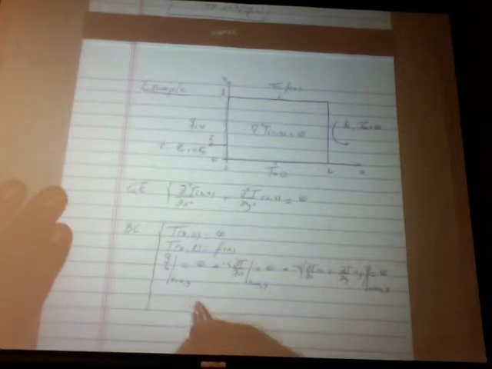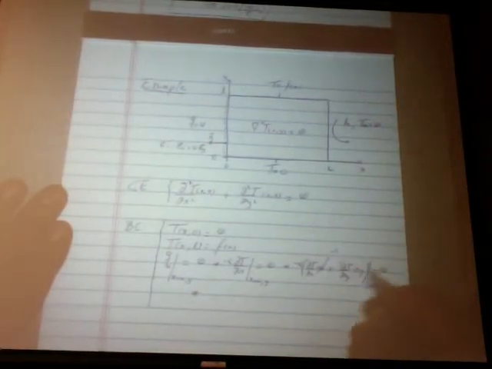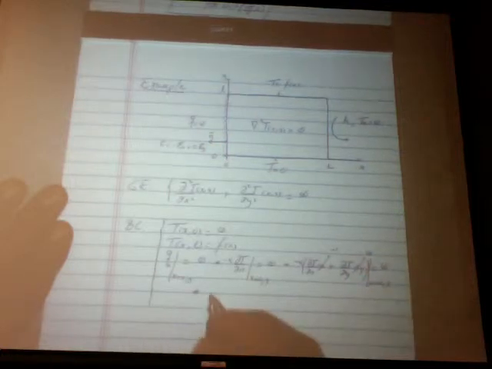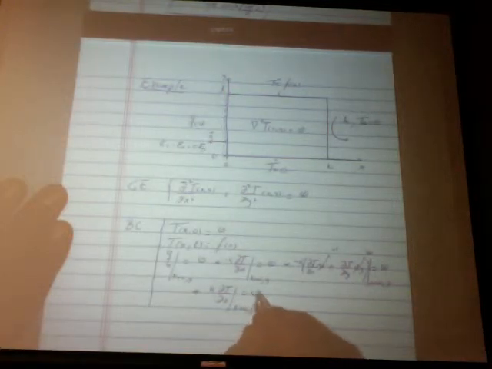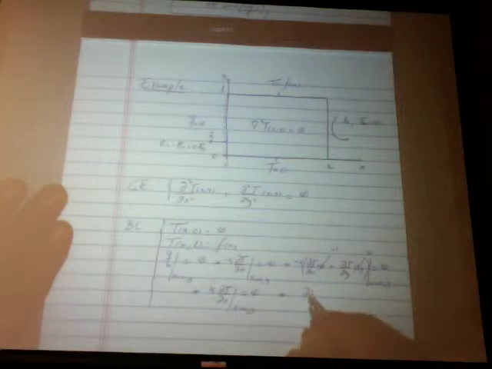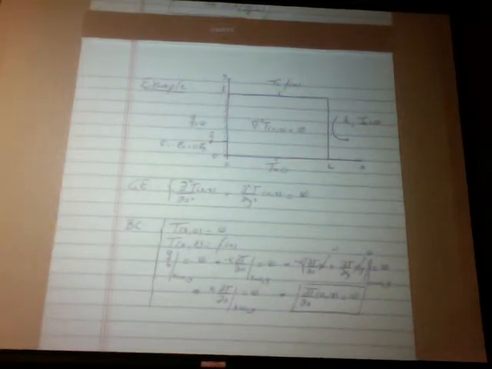And therefore, since this is minus 1 and this is 0, we have k dT dx at x equals 0, y is equal to 0, and therefore dT dx at 0, y is equal to 0. That is a resulting boundary condition from imposing a heat flux.